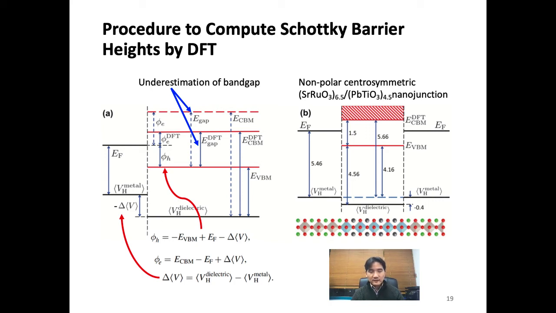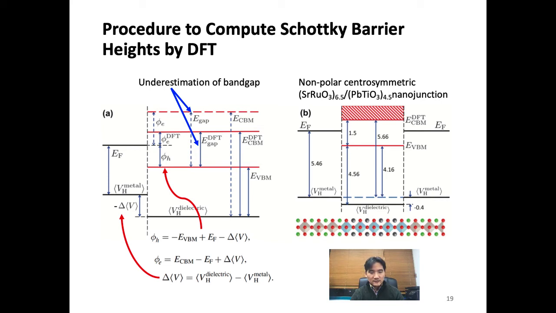You can see that DFT usually underestimates the band gap, and it becomes especially problematic when this underestimation results in a change of the nature of the contact, for example, changing the Schottky barrier to ohmic. Then it becomes a huge problem. However, if it doesn't, then we can still use it with that underestimation in mind.